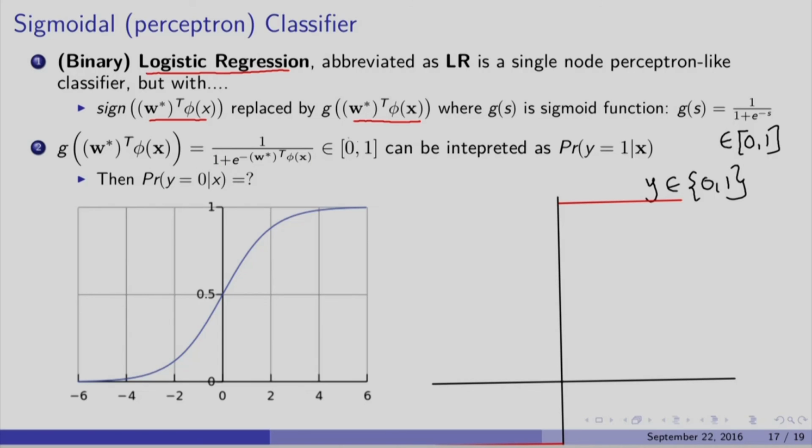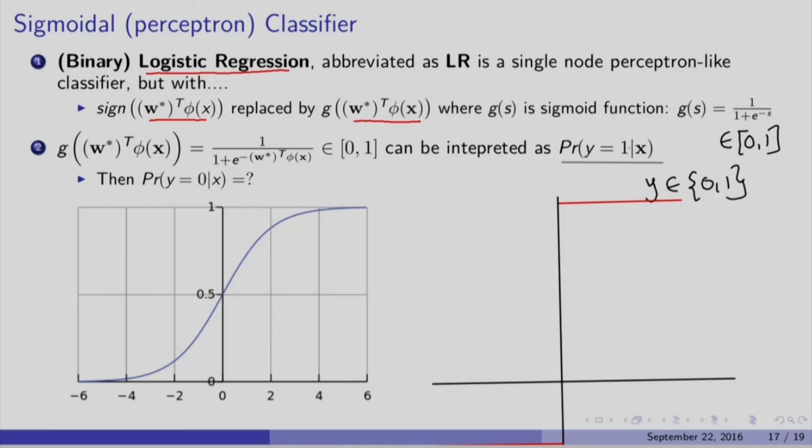One can also interpret this smooth function as probability. As pointed out here, g of w star transpose phi x, which has this form 1 by 1 plus e raised to minus w star transpose phi x, can be interpreted as the probability of y equals 1 given x. In fact, this is nothing but treating y as a Bernoulli random variable, but for a very specific value of the Bernoulli parameter.